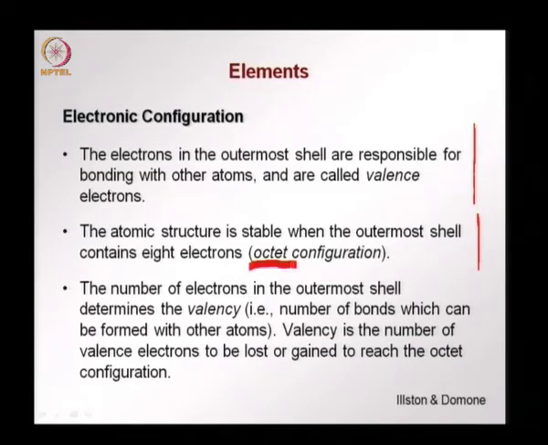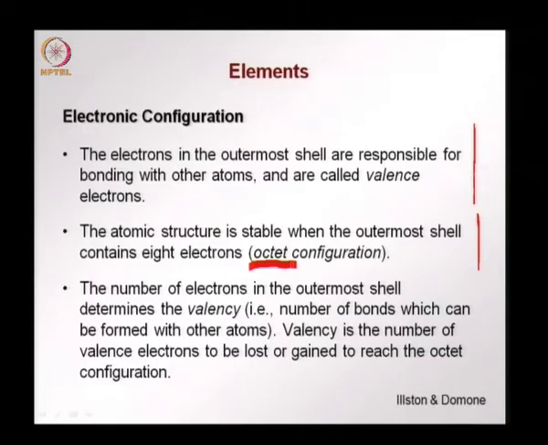The number of electrons in the outermost shell, that is the valence electrons, determines the valency of an element, that is the number of bonds which can be formed with other atoms. This depends on the valency, and the valency depends on the number of electrons in the outer shell.